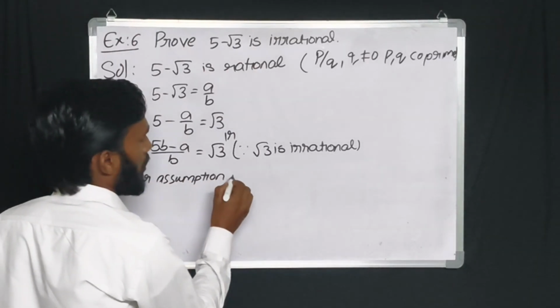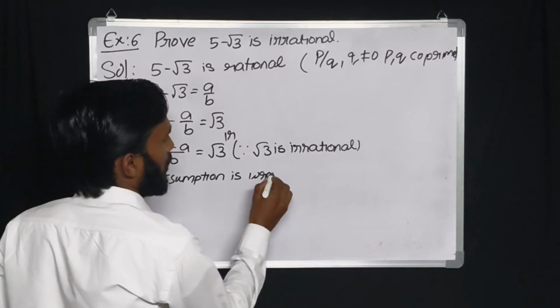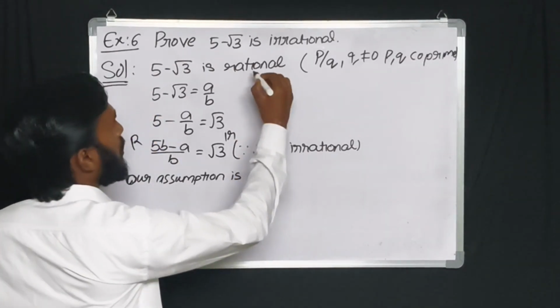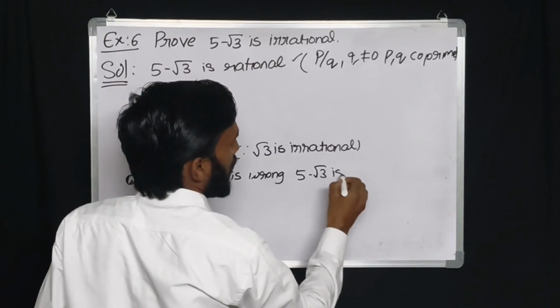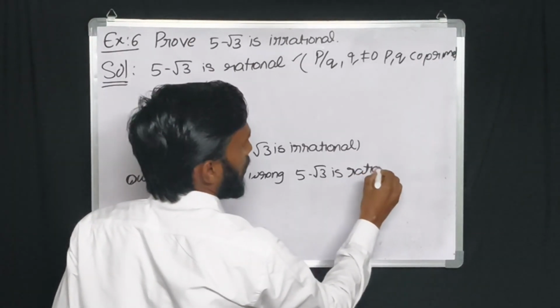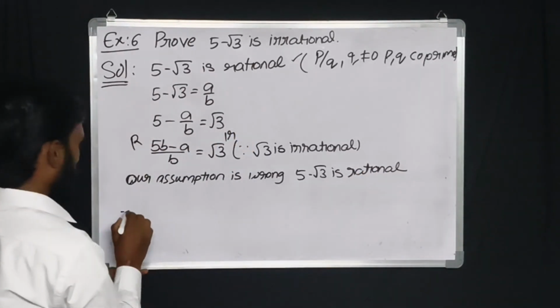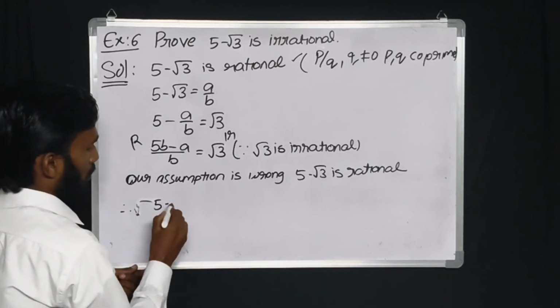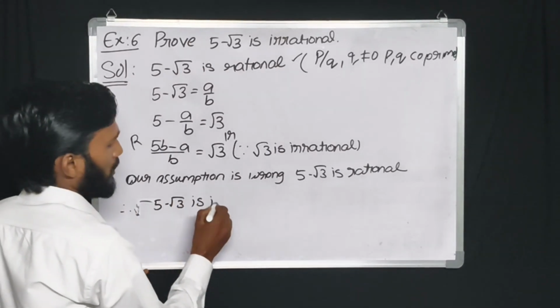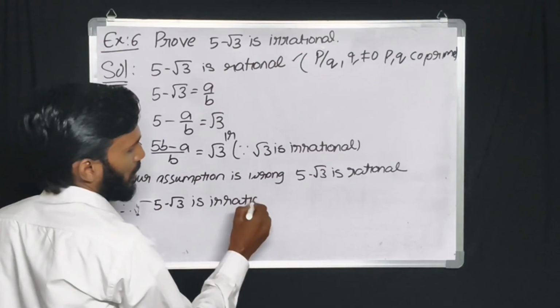So our assumption is wrong. What is our assumption? 5 minus root 3 is rational. Therefore, 5 minus root 3 is irrational.